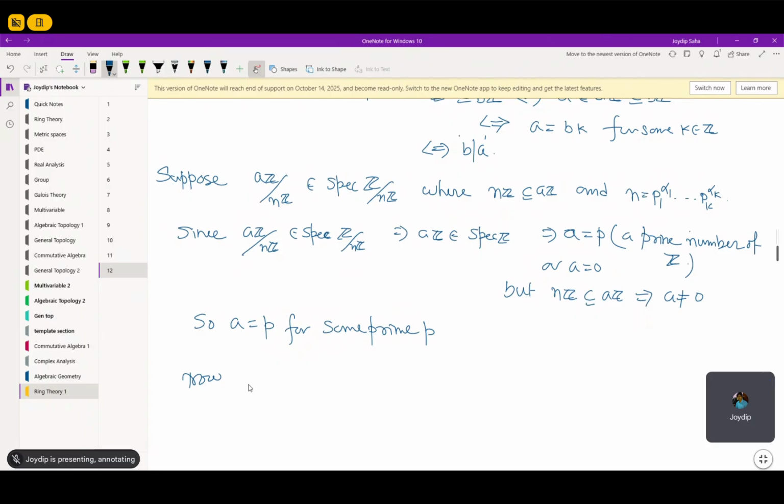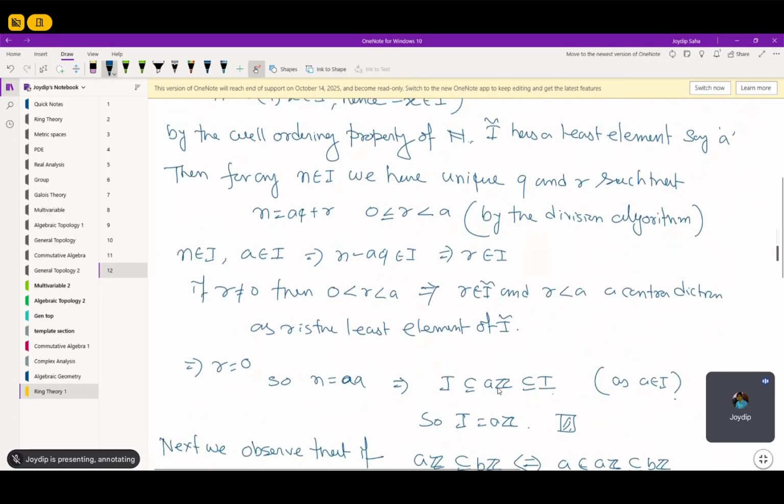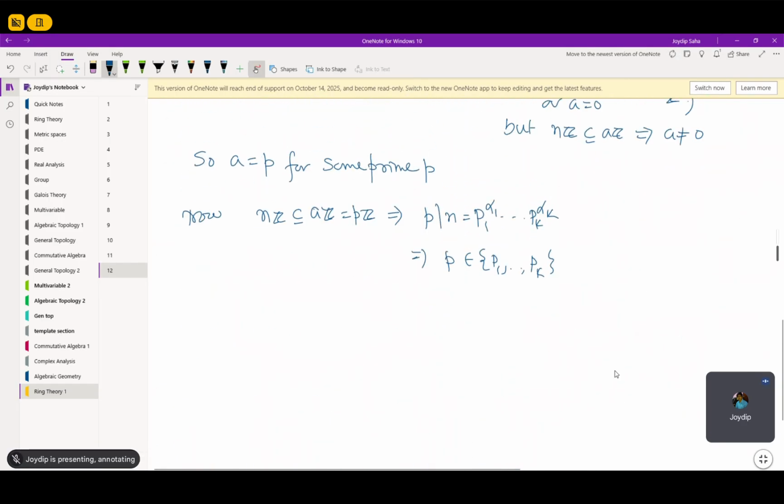Now nZ subset of pZ, that is aZ equals pZ, implies p divides n, that is equals p1 to the power alpha 1 up to pk to the power alpha k. This implies p belongs to the set of pi, because both are primes. The pi and p all are primes.